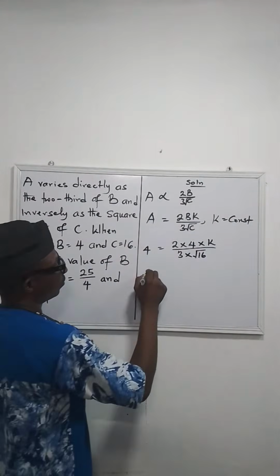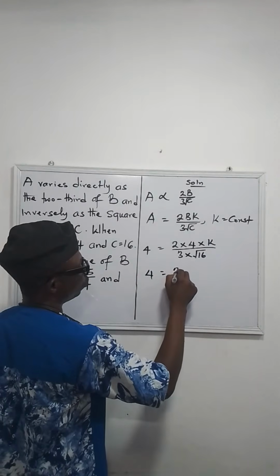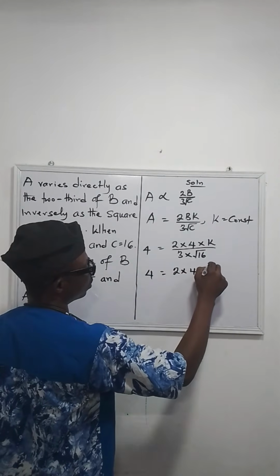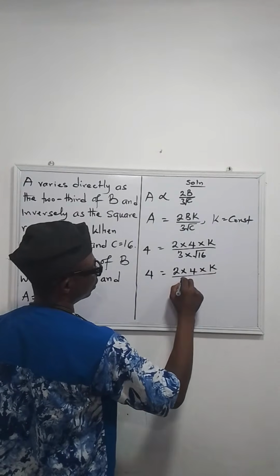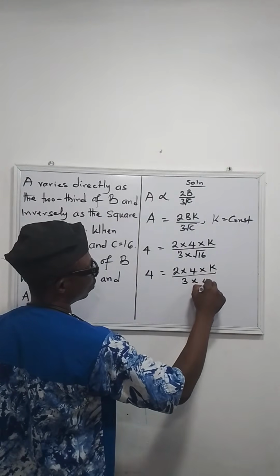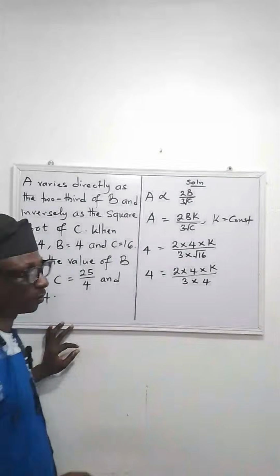So we have 4 equals 2 times 4 times K over 3 times 4. Square root of 16 is 4.